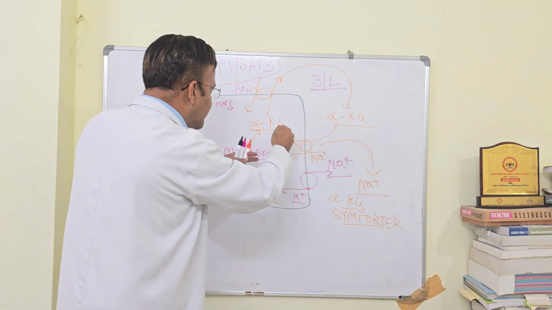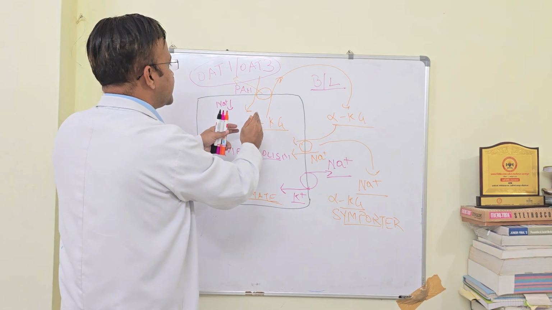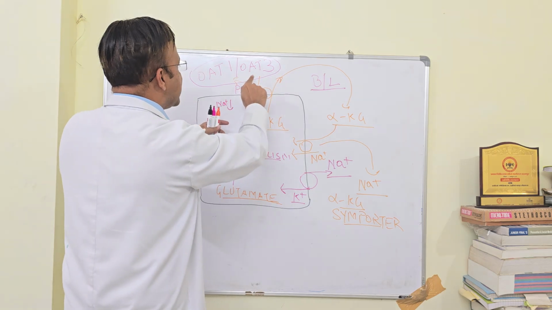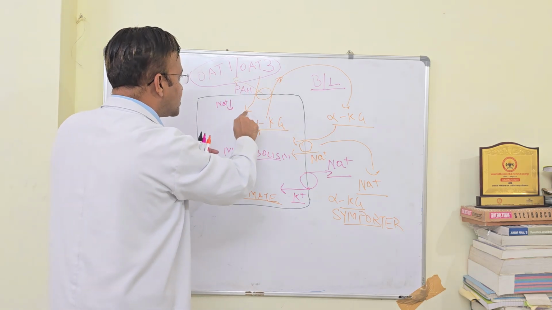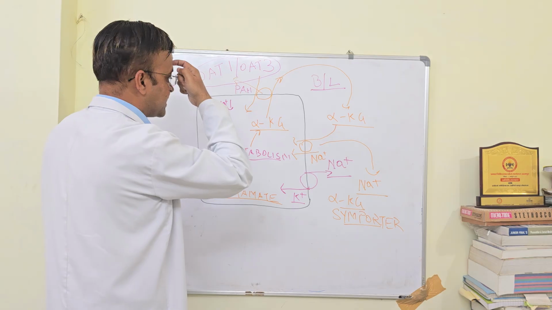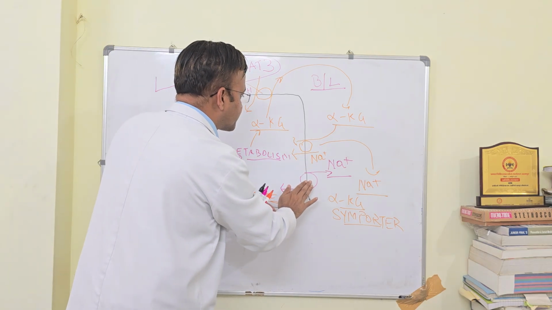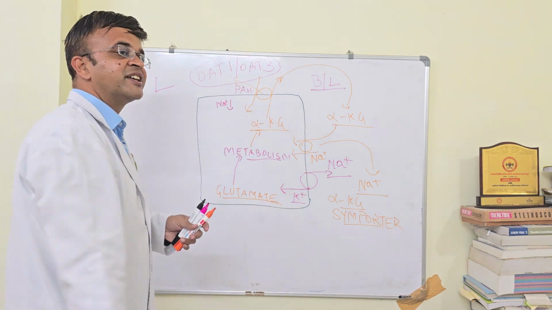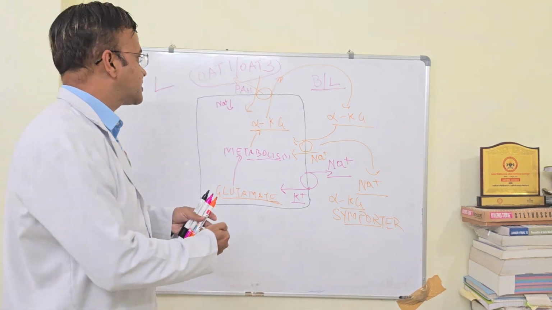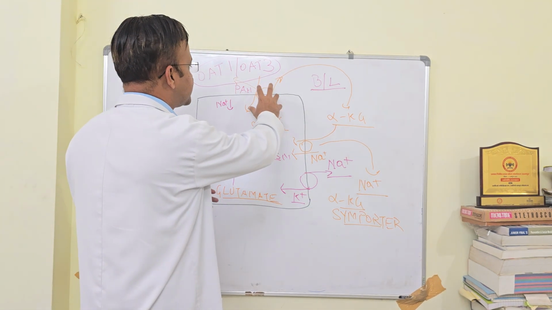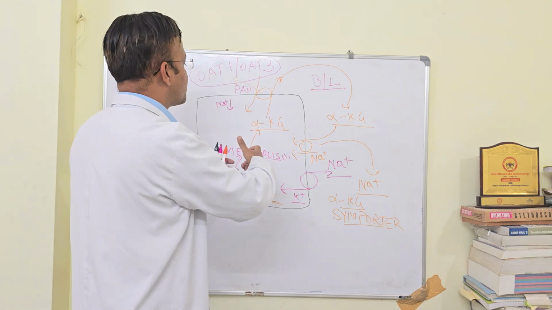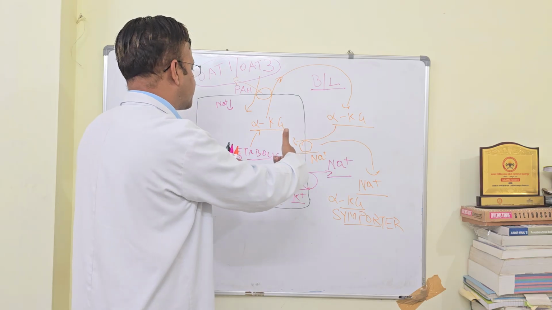Now we have more alpha ketoglutarate inside, right? Now the alpha ketoglutarate is moving out and PAH is using this gradient to move inside, right? So this is your primary active transport, this is your secondary active transport, and this is your tertiary active transport. Tertiary active transport means a transport which is using the gradient created by secondary active transport.